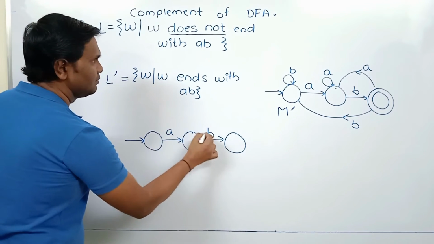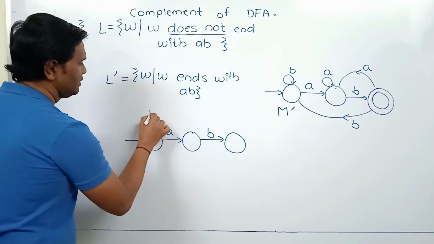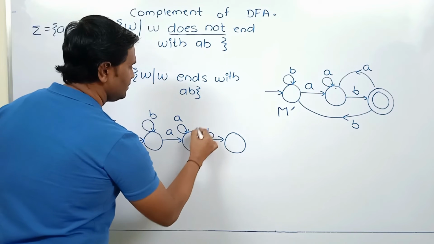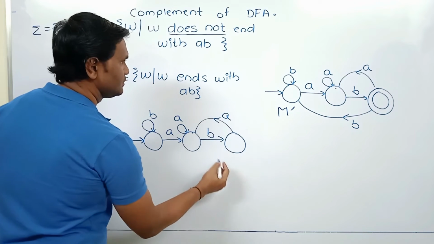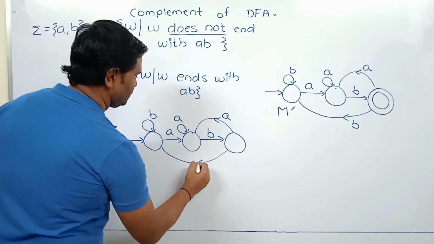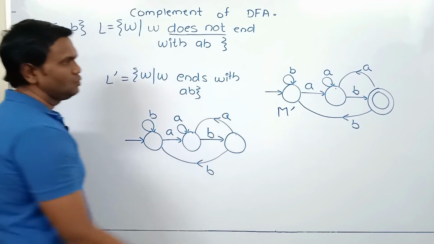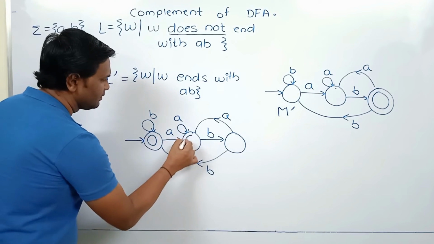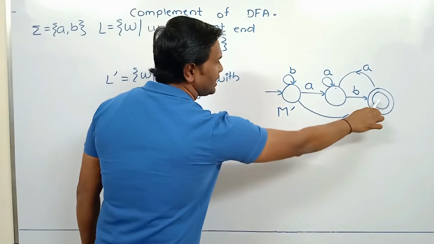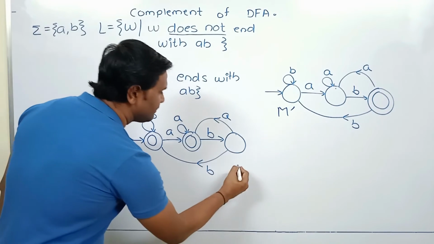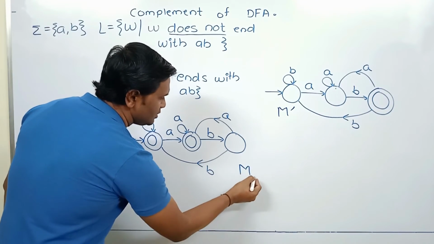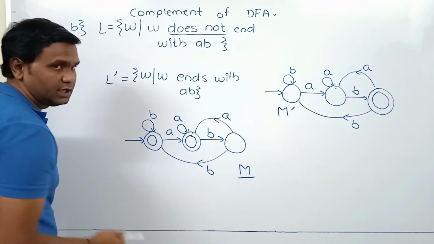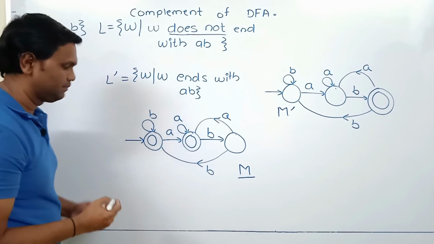So A, B, and now non-final states here will become final states in this DFA, and final states over here will be non-final states in this DFA. So this is the DFA for the given language. This is the DFA for W such that W does not end with AB.